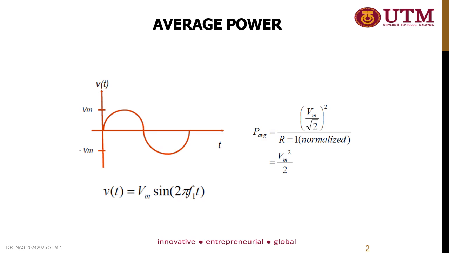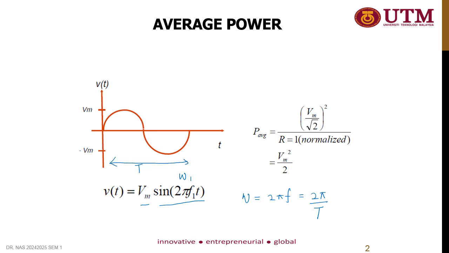So let's look at how to calculate the average power. If you have a sinusoid signal like this, for example the equation is Vm sine omega 1 t. So this is omega 1, and omega is equivalent to 2 pi f, or equal to 2 pi over T, in which T is the fundamental period of one cycle.